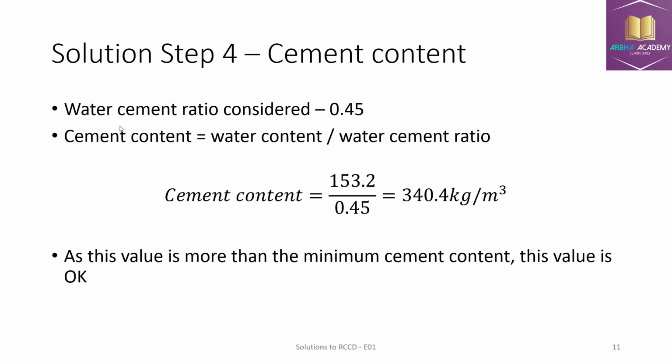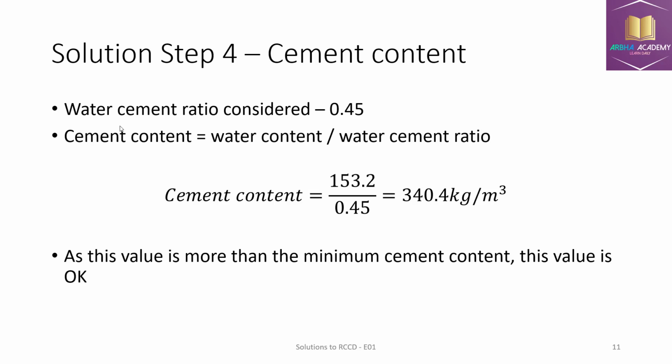Step 4 is cement content determination. The water cement ratio is considered as 0.45. We have considered in the last step the water content as 153.2 kg per m3. So for the cement content, we just divide the water content by the water cement ratio.